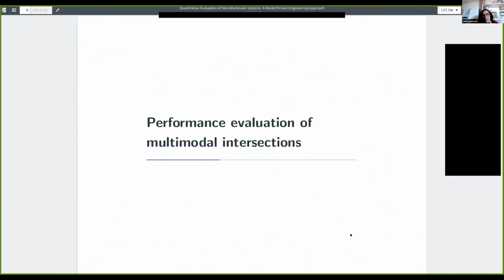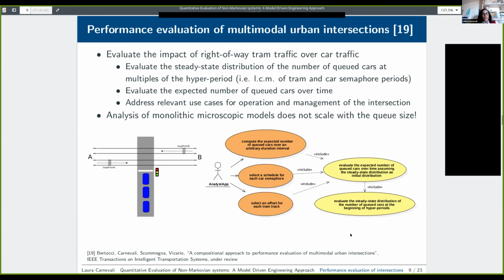And so I would like to take the opportunity of this talk to present a recent work that we have submitted, which we have been working on in this context, which is concerned with performance evaluation of multimodal urban intersection. So we have intersections where we have tram lines, possibly made of multiple tram tracks, which intersect car flows. And tram lines have right-of-way over car flows.